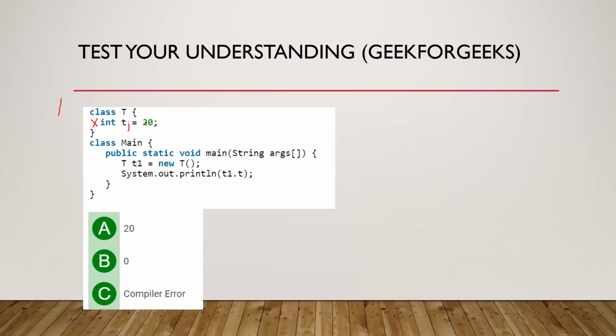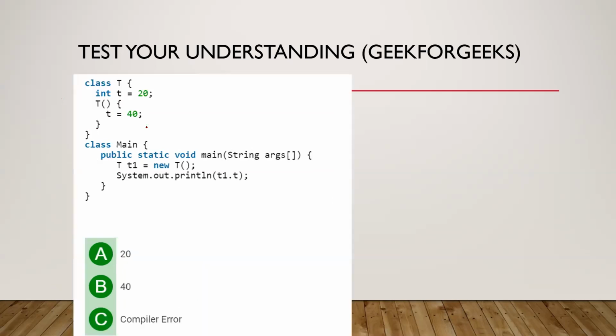Now, as I have this assignment, the default constructor put the value of 0 and then this assignment is done. But when you have your own constructor, this value is superseded. Whatever is in your constructor, t equal to 40, is what it will be initialized with, because now you have defined your own constructor. It is not your default constructor.